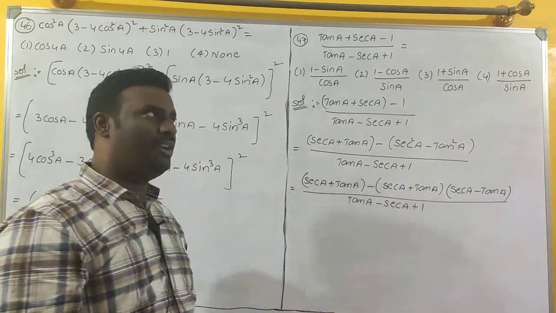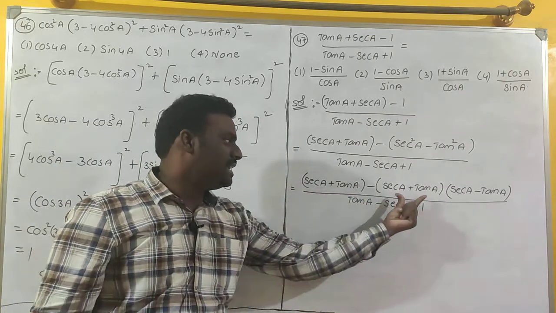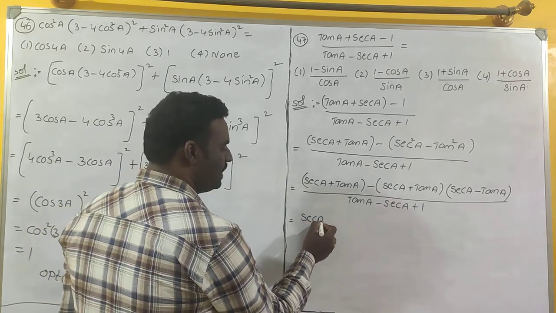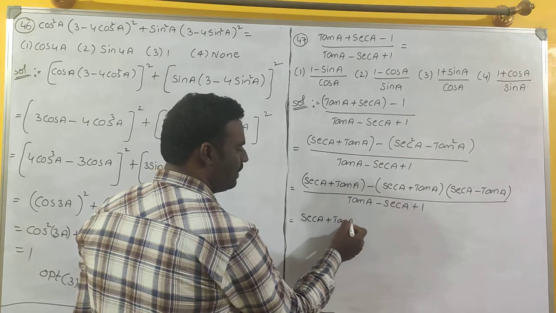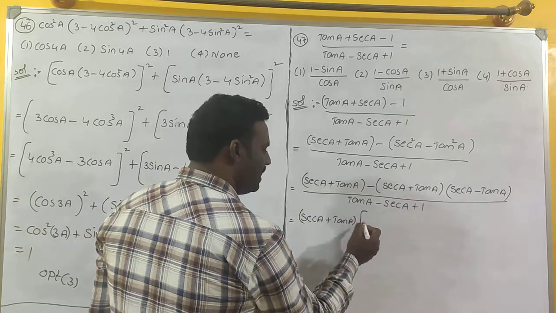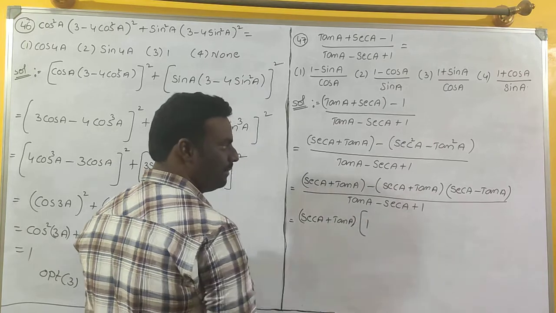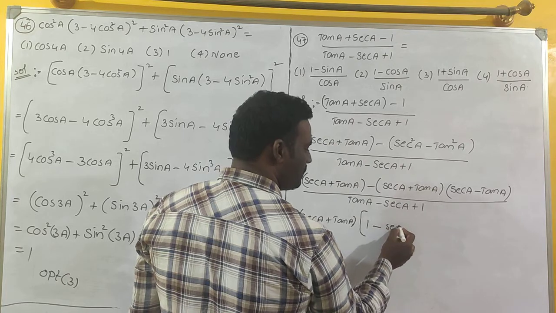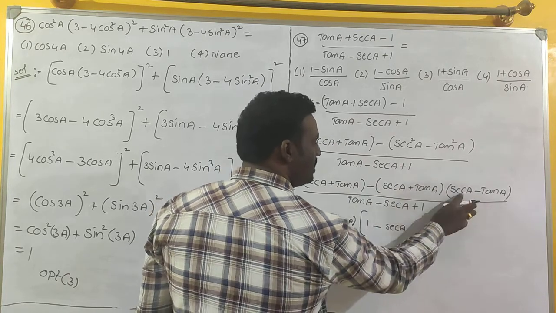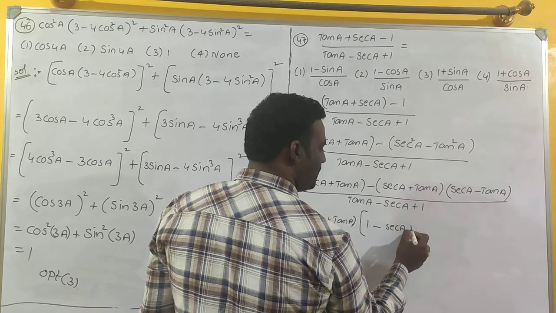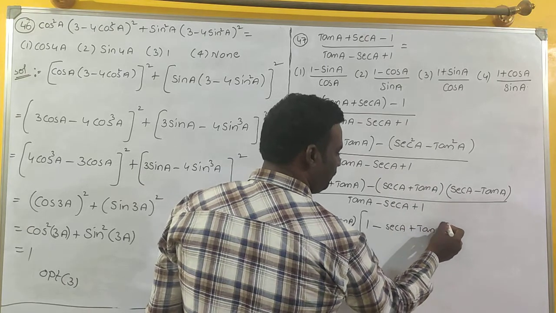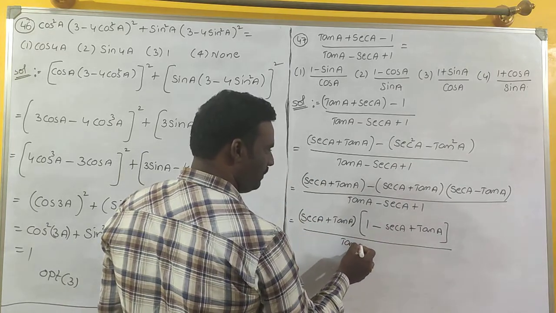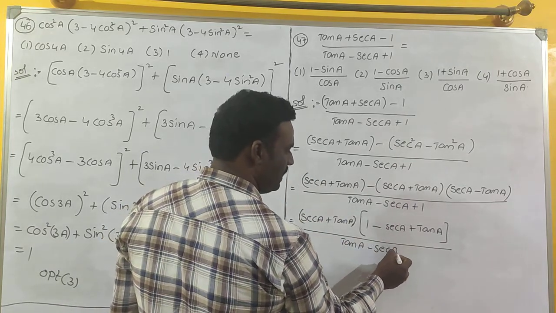Now is anything common in the numerator? Secant plus tan, that's why I can take secant A plus tan A common. If you take secant A plus tan A common, here 1 remains. If you take this value common, what is remaining? Secant A minus, into secant A minus of minus, plus tan A. The denominator is the same: tan A minus secant A plus 1.